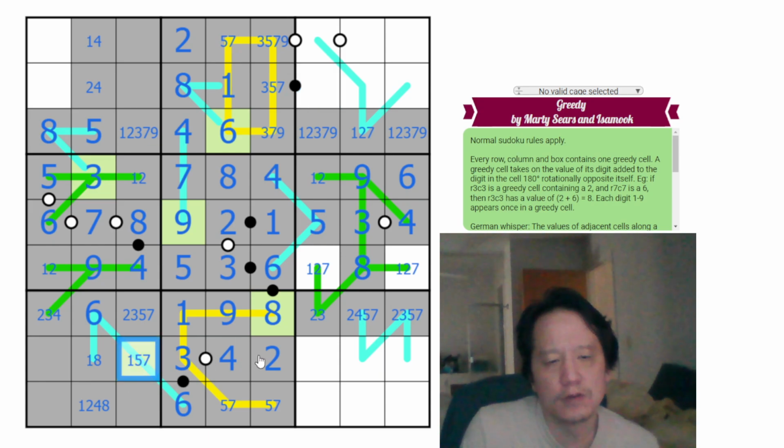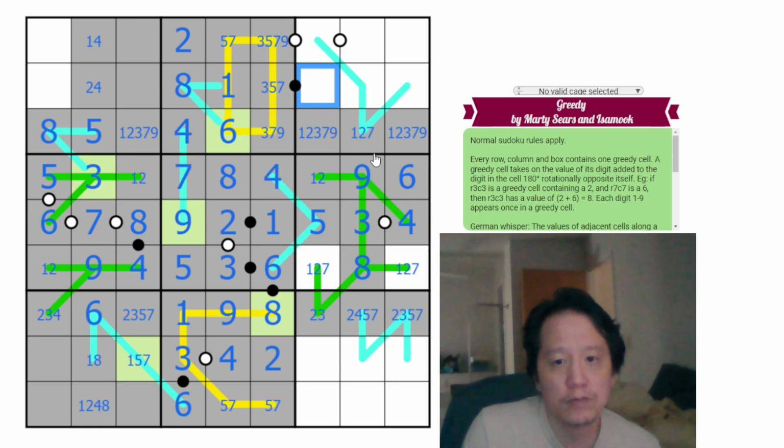What does that mean? This has to be an odd number. Oh, this value has to be even. Hold up.